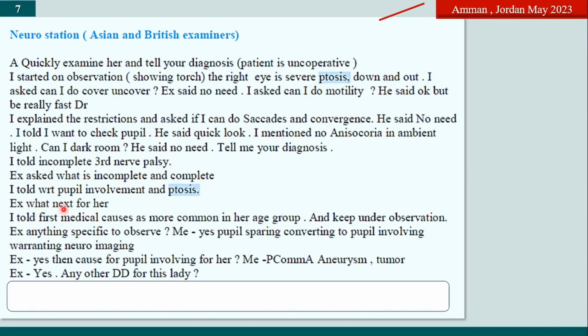Okay, so the examiner asked, what next for her? Whenever we have pupil sparing, we are somehow relieved, right? She mentioned medical causes in her age, and follow-up is really important. Anything specific to be observed in the follow-up? If pupil sparing converts to pupil involvement, this warrants neuroimaging.